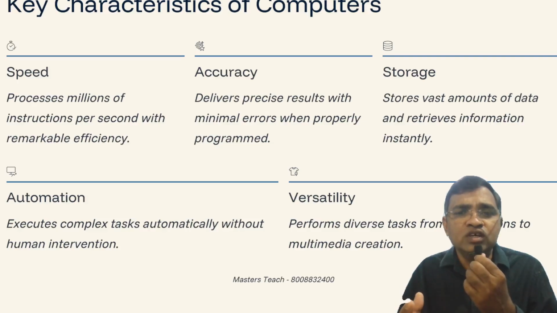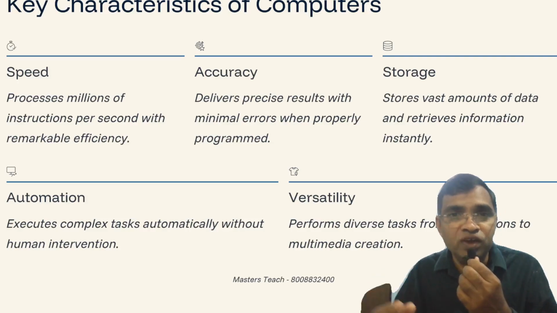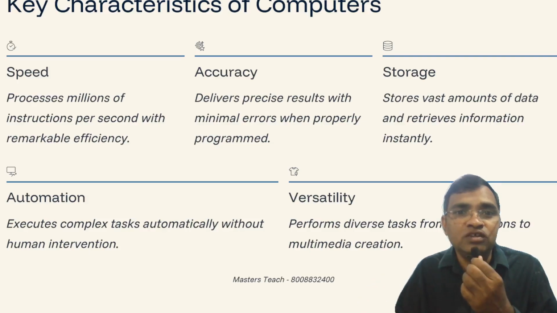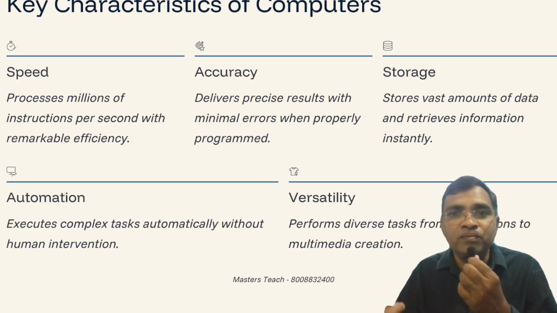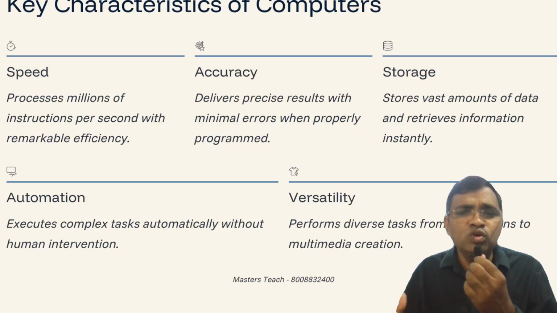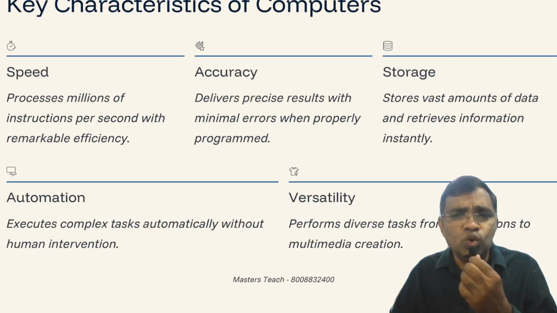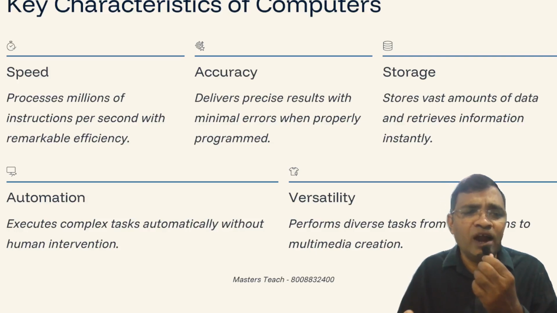Then accuracy. It delivers very precise results with minimal error or no error when properly programmed. Then storage. A huge amount of data is stored and retrieved instantly whenever we want. Automation.